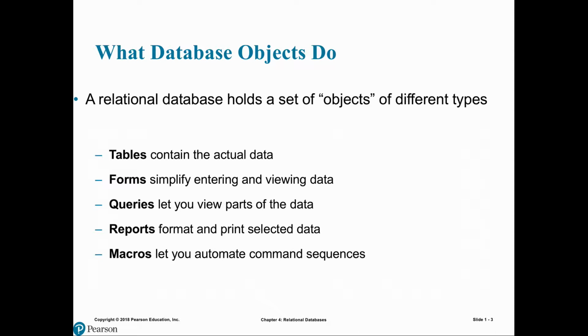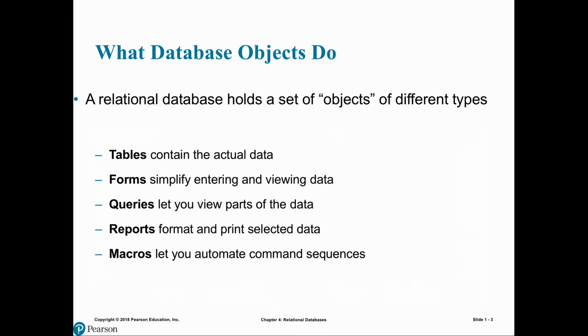What do database objects mean and do? The relational database holds a set of objects. For example, when we enter the data on the database, we use forms. And when we view the data on the database, we also use forms. Then when we enter the data, we create tables which are related to each other.